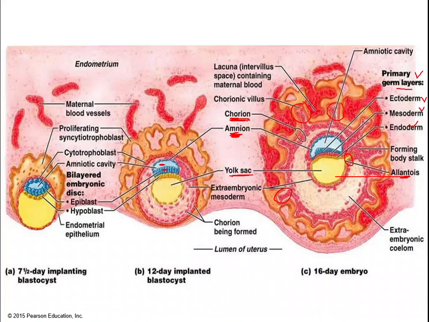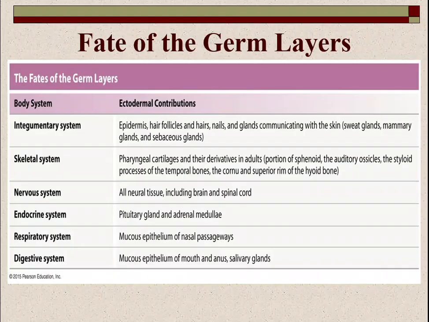So the chorion is very important. It's the outermost extraembryonic membrane that will surround all the other extraembryonic membranes that I've talked about. And overall, do not forget the purpose of these extraembryonic membranes is to support and protect the growing embryo.